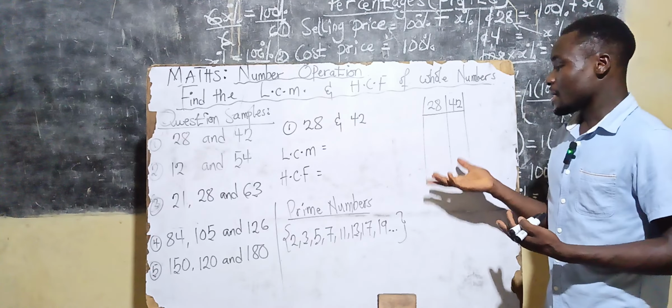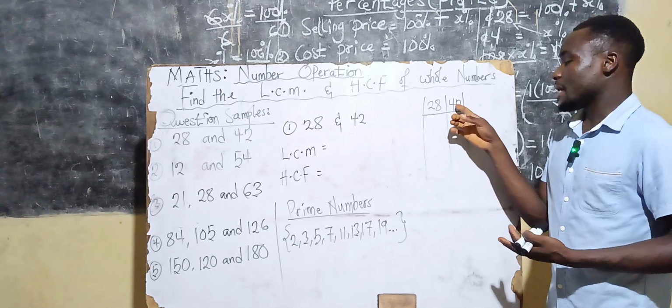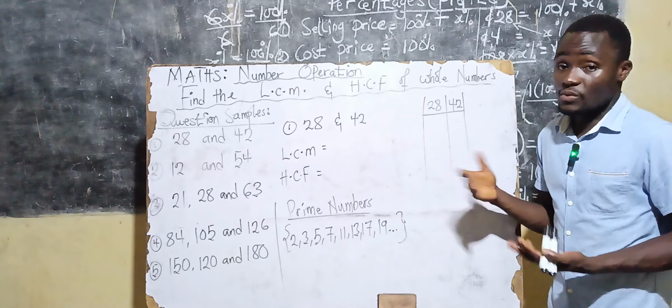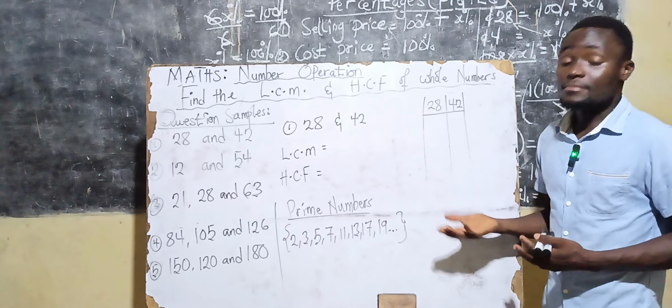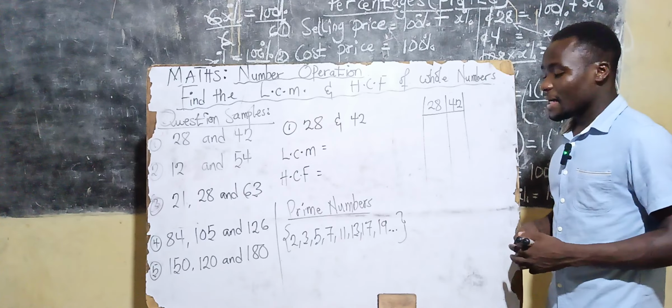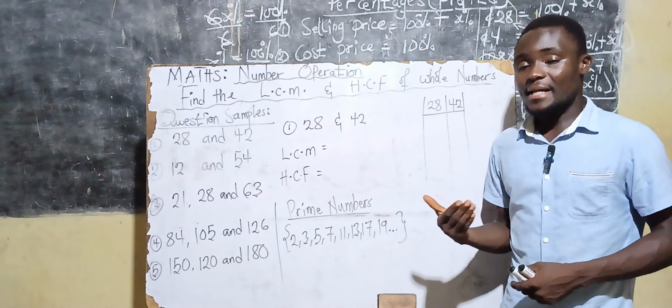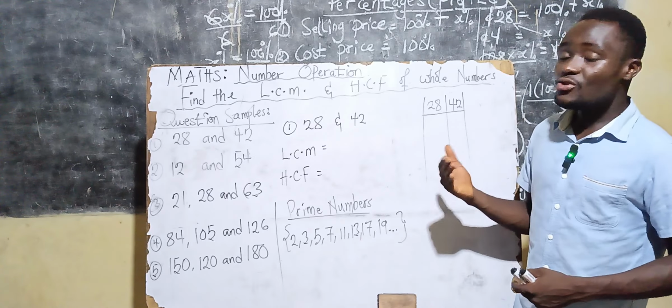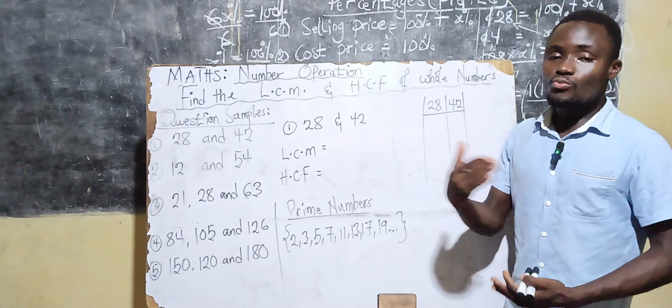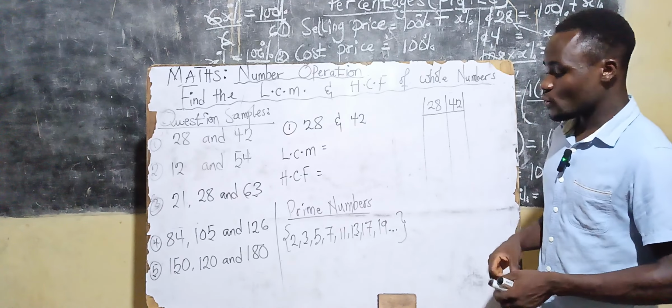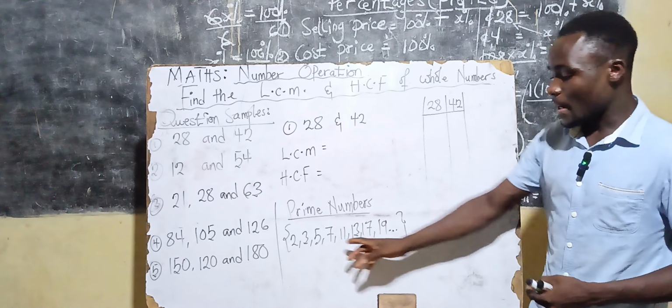So using the 3, if 3 cannot divide 28 but 3 can divide the 42 evenly without a remainder, then I can continue with that. But the question is, we want to use a prime number that, when we divide, will let us move onward quickly. All right, we want a prime number that can divide in a quick manner. So here we can pick what? 7.